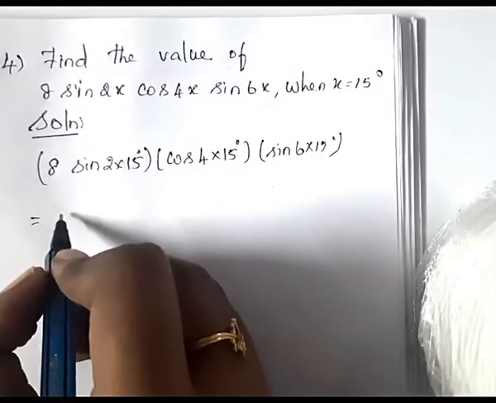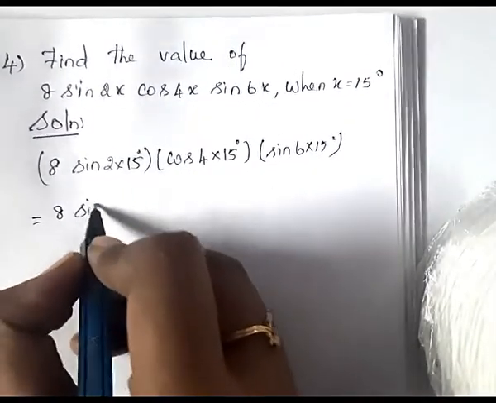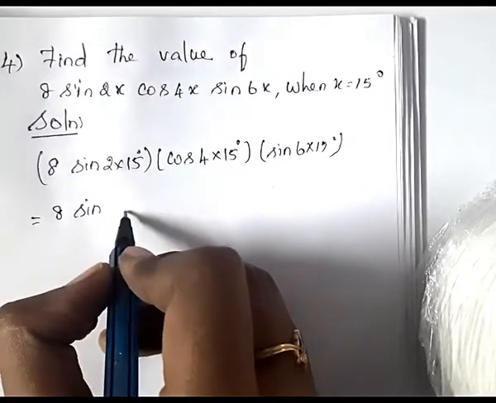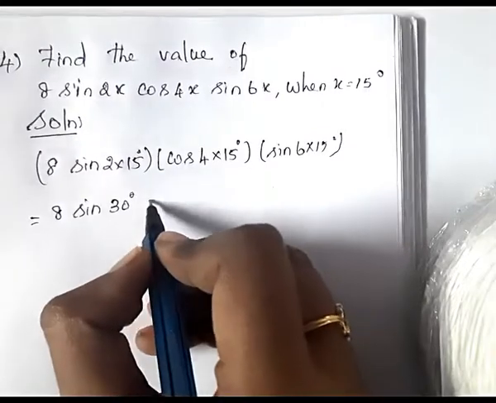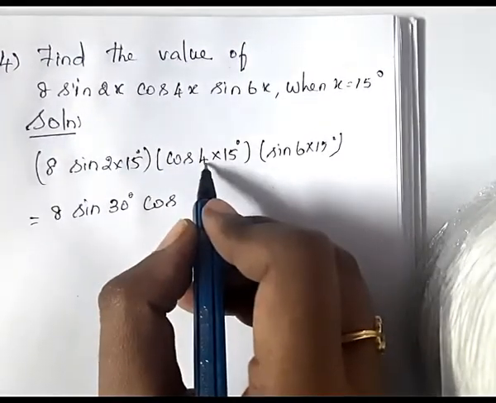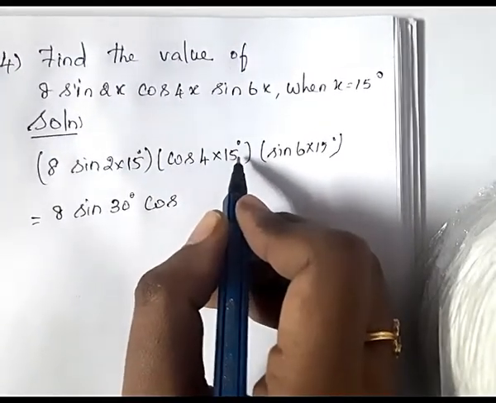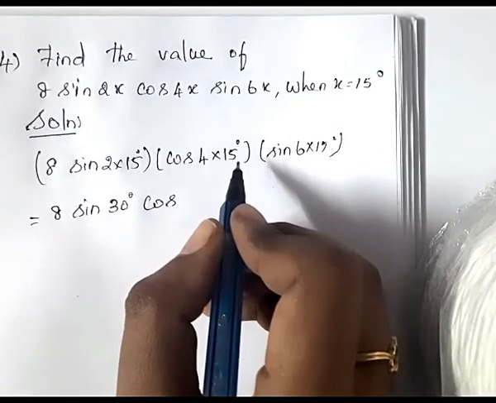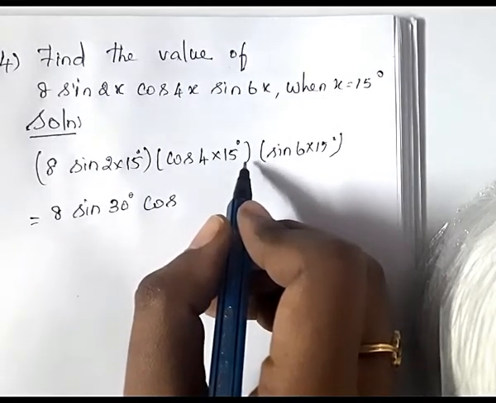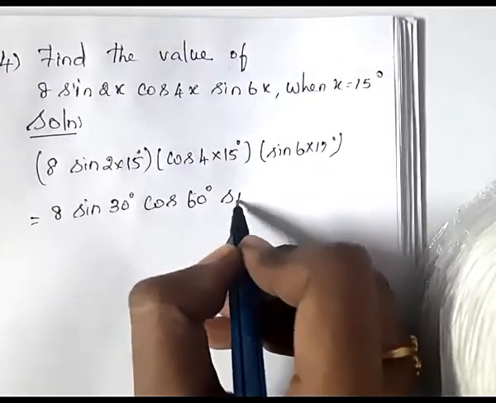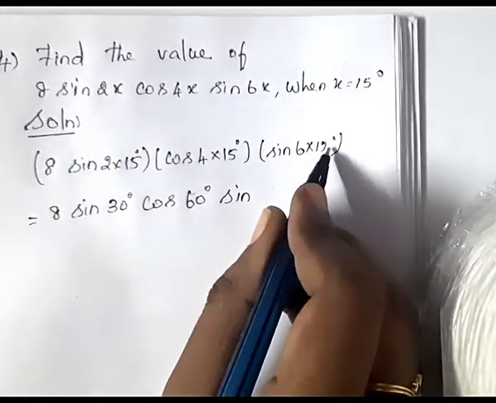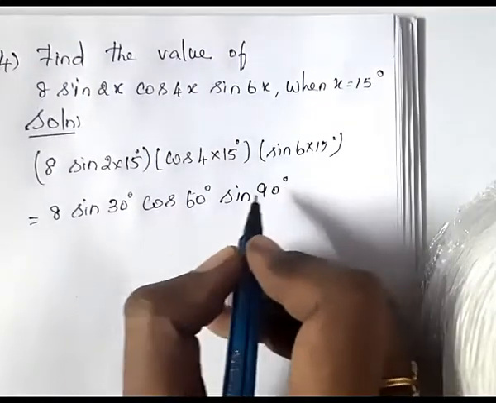That is equal to 8 sin 2 into 15 value is 30 degrees. Then cos 4 into 15, 2 15s are 30, 3 15s are 45, 4 15s are 60. Then sin 6 into 15, that is 90 degrees.